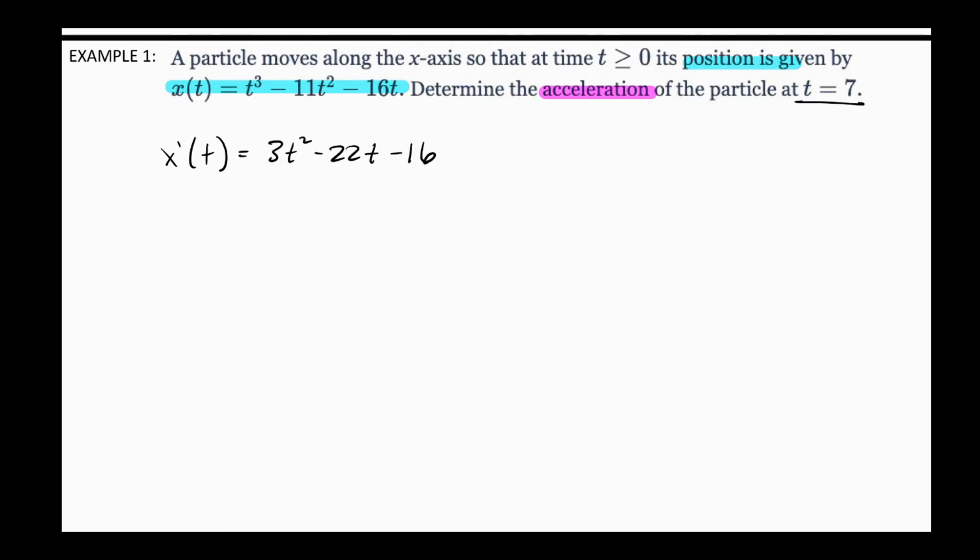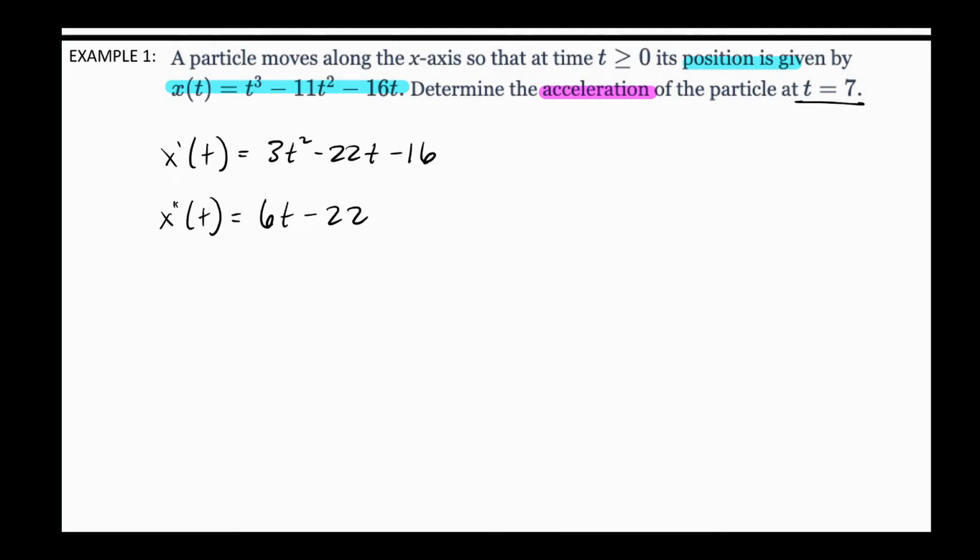Okay, first derivative, 3t squared minus 22t minus 16. One more time. 6t minus 22. Second derivative is done.